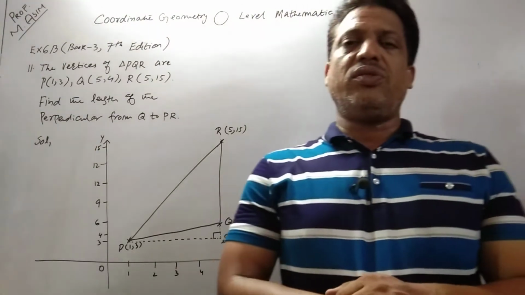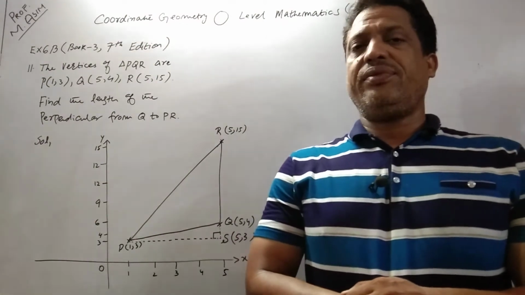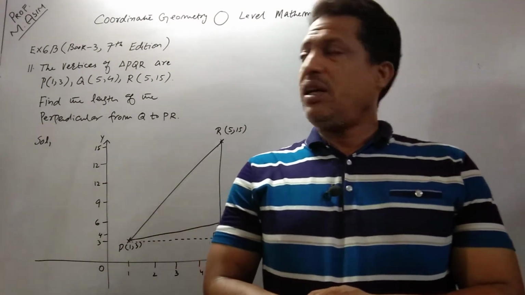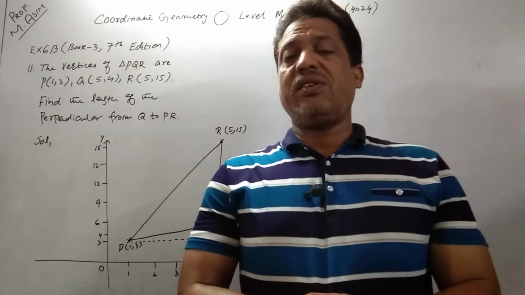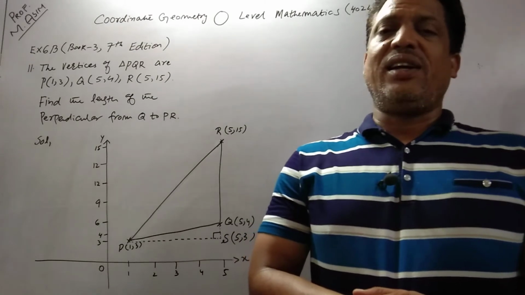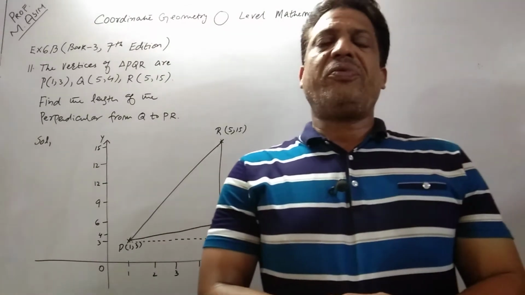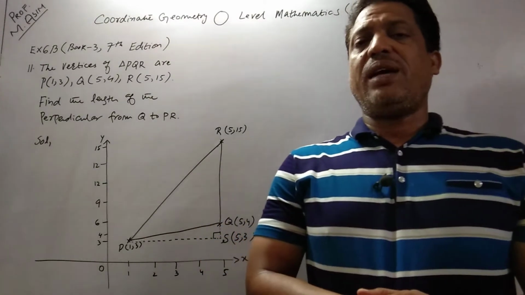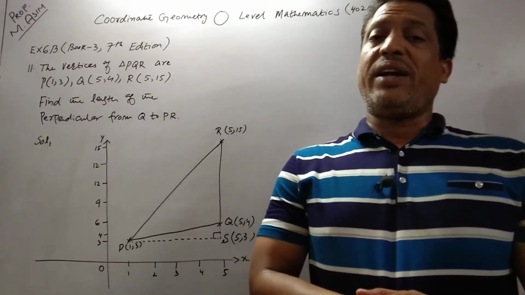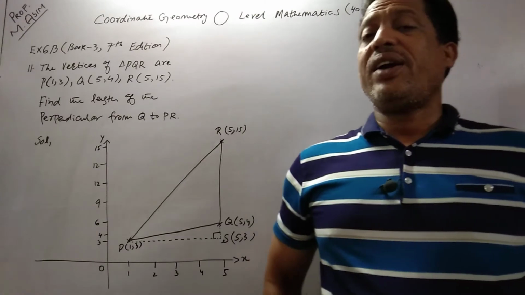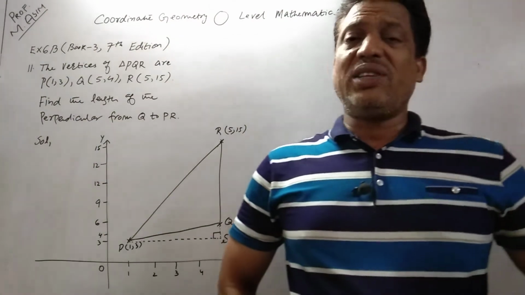But students, as you know, whenever we find the length of the perpendicular, we should have the area of a triangle. And finding the area of a triangle means we should have a right angle triangle, because we always use the formula: area of triangle is half multiplied by base multiplied by height, and height is always related to a right angle triangle.